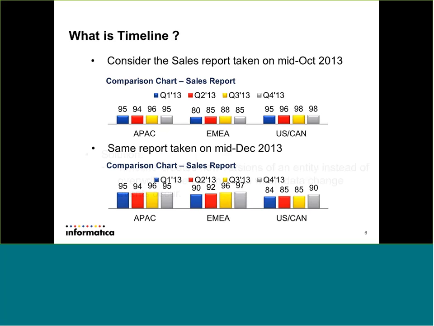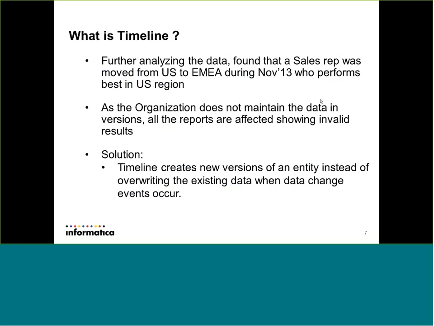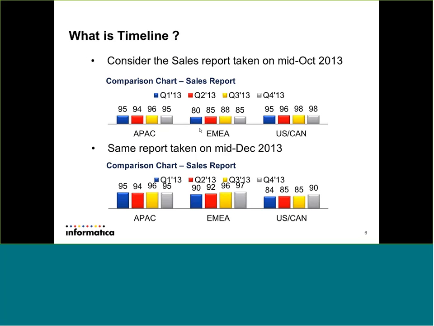Okay, let me go back. So the sales rep was moved in November. But when I go back to the previous slide, I have taken the reports quarter wise. So that means a sales rep was moved from one geography to another geo during the mid of quarter.